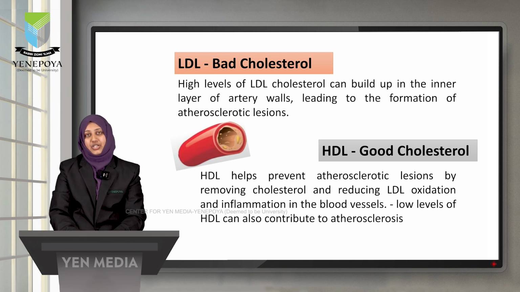HDL helps prevent atherosclerotic lesions by removing cholesterol, and it also reduces LDL oxidation and inflammation of the blood vessels. Also, a low level of HDL can contribute to atherosclerosis. So, we need to maintain a high level of HDL so that it will prevent atherosclerotic lesions.